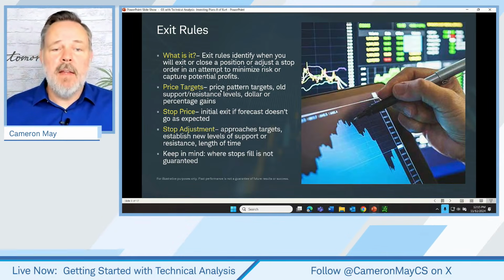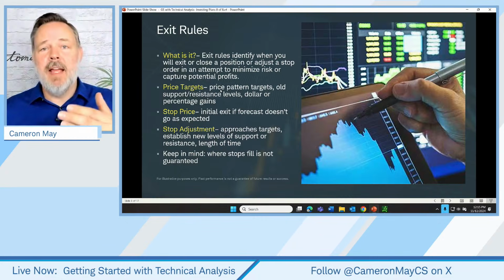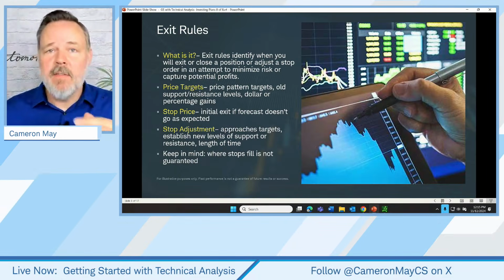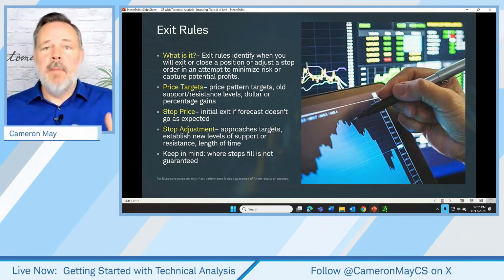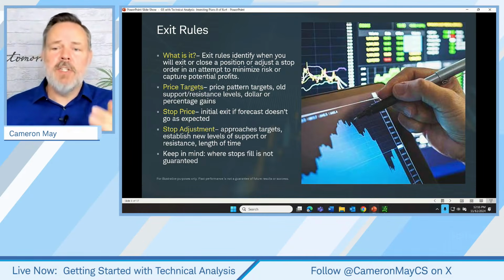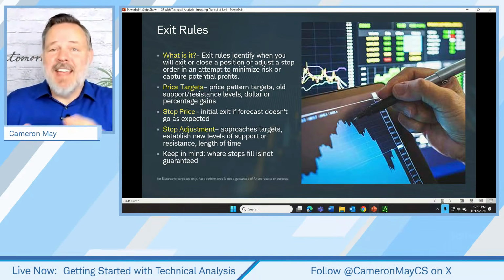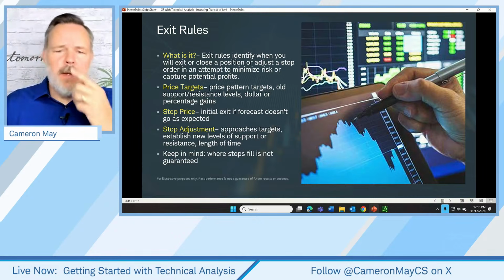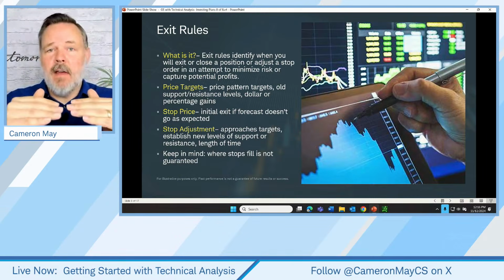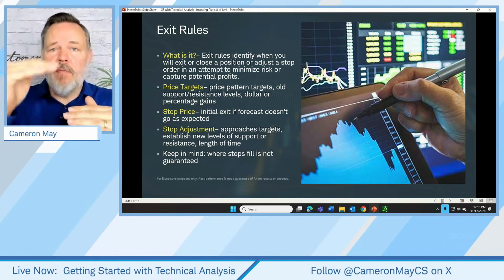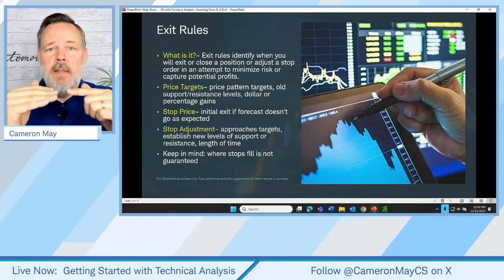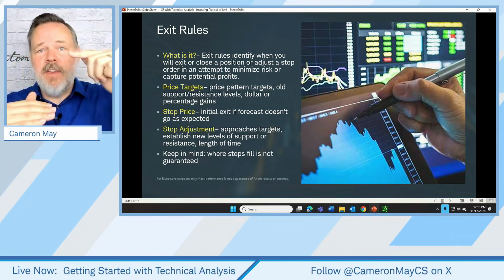A price target is a price where the trader plans to sell and take profits in the case of a stock purchase, or just a price level at which the trader plans to exit with profits. So let's say, for example, trader gets in on a stock that's been going back and forth between $40 and $50. Buy at 40, the plan is to get out at 50.